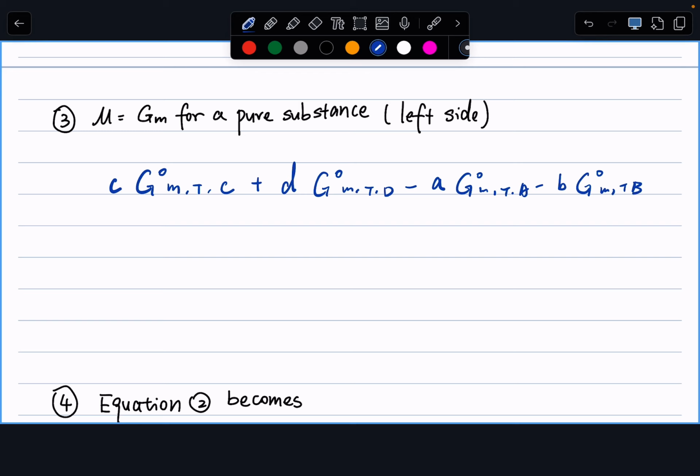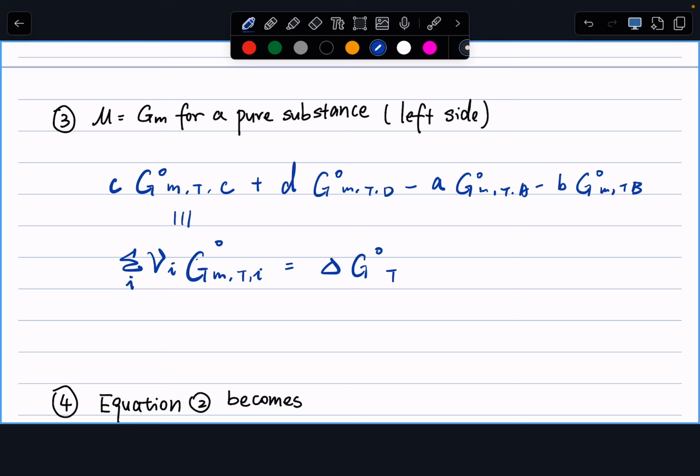If we write it as a sum, we're effectively summing over all species with their stoichiometric coefficient times the molar Gibbs free energy of each species at standard state. And that just equals delta G naught at a certain temperature.